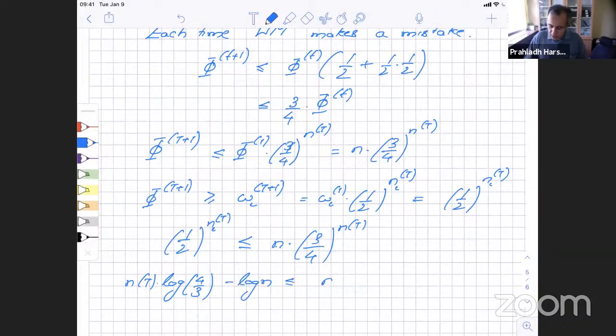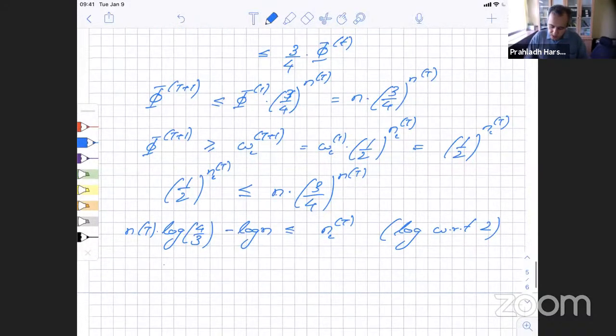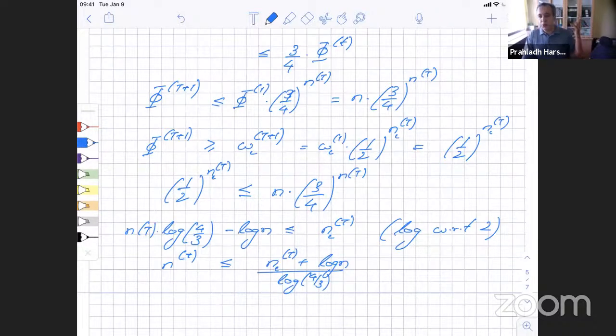I'm taking log with respect to 2. So nt is less than or equal to ni of t plus log n by log 4/3, and that 4/3 is that funny number 2.4 that we had over there. This is approximately 2.4 times.